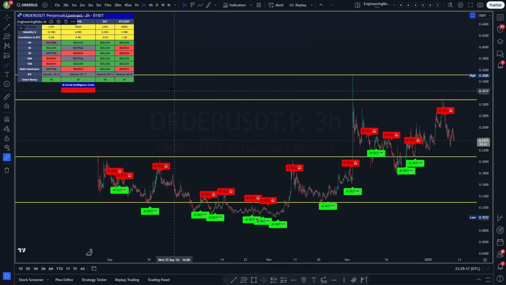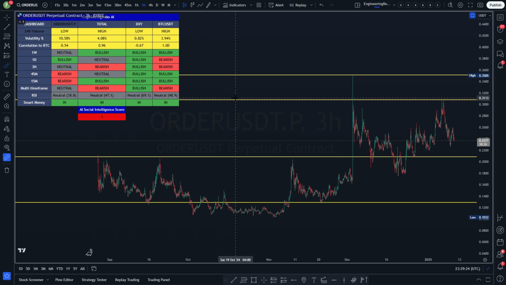Let's start off with the dashboard first, as this dashboard is telling us quite a lot of information. AI social intelligence score. This is sentiment across social media sites in terms of how much chat is happening around this coin. It's -3. We really want to be seeing that as a green.